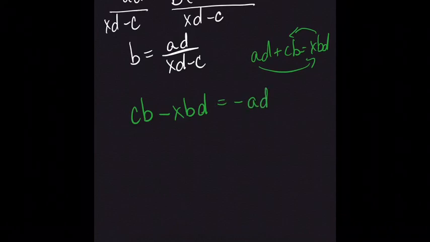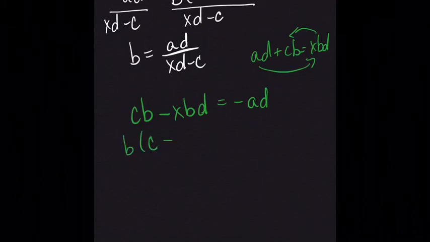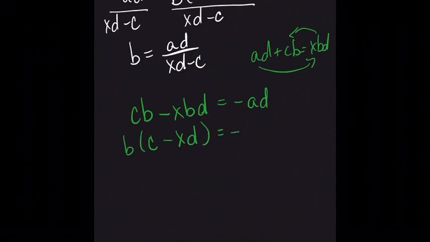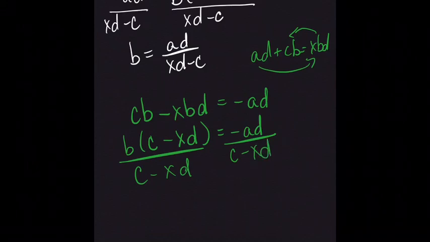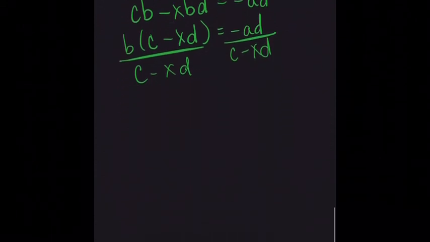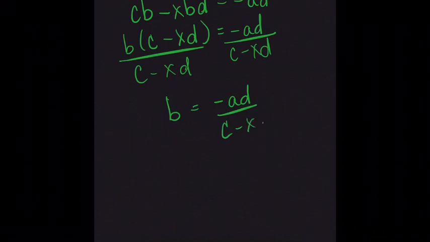Then we would pull the b out, and we would have ended up with c minus xd equals negative AD. Then we divide both sides by c minus xd, and we would end up with b equals negative AD over c minus xd.